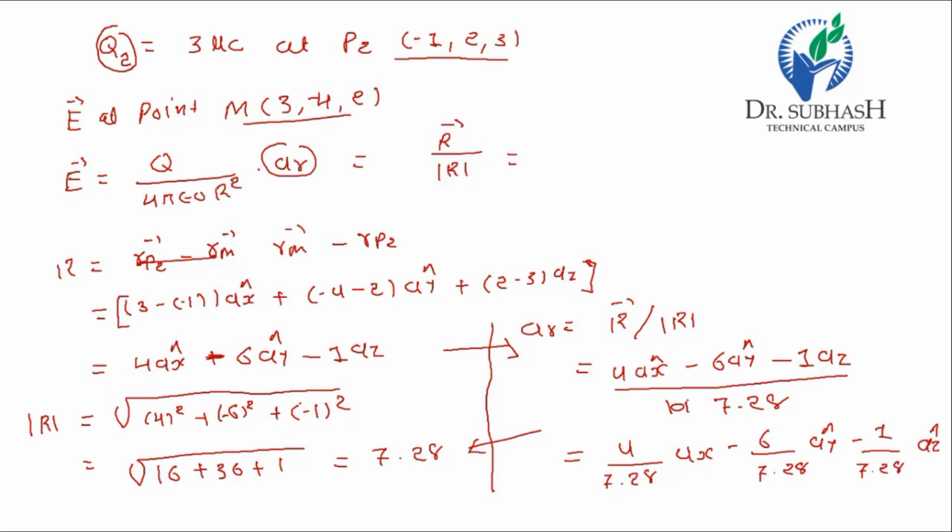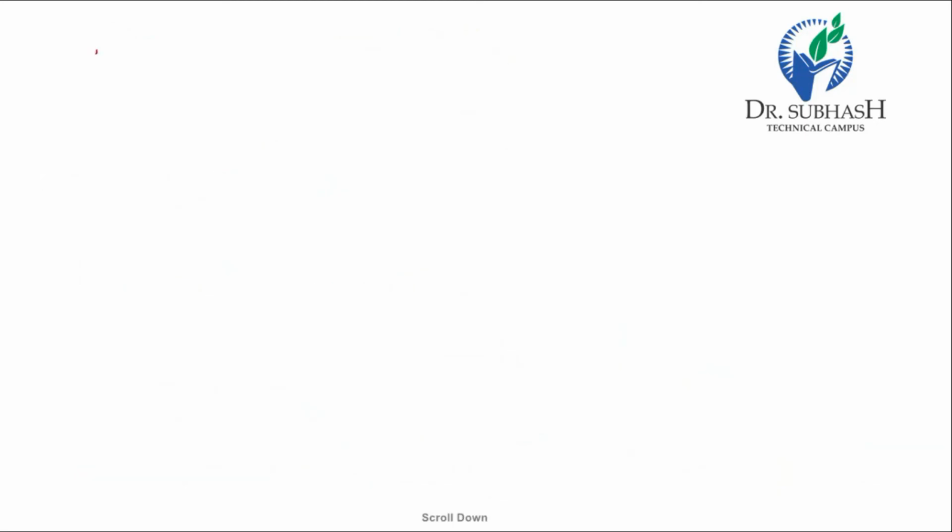Now if we put the value of unit vector AR and the magnitude of R in the formula of the electric field intensity, we can write E is equal to Q upon 4 pi epsilon 0 R square in AR.